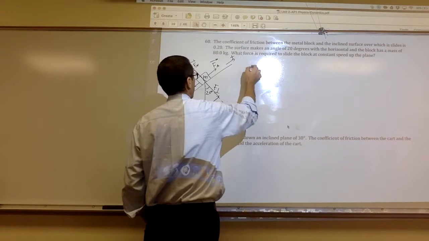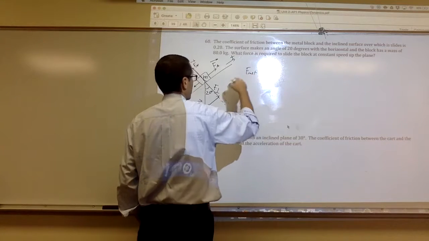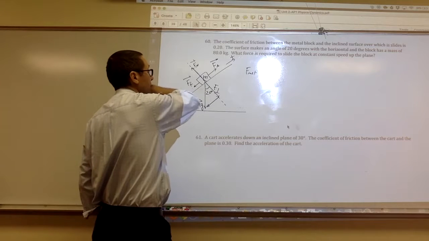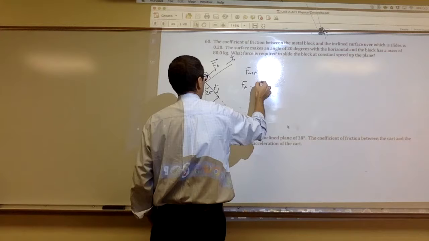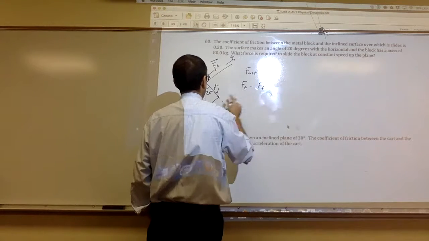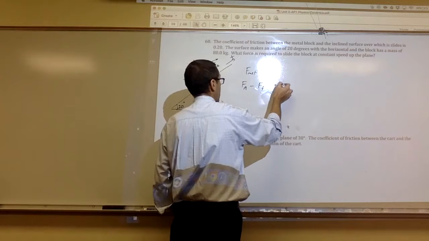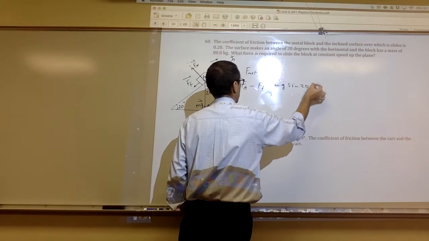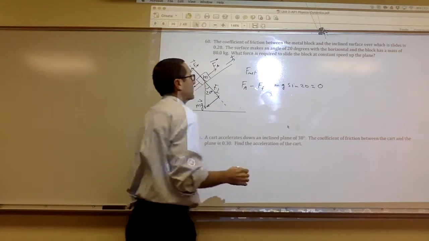So I'm going to write my Fnet equals ma, or the sum of the forces up the ramp and down the ramp equals ma. So it's going to be Fa minus force of friction minus this component of the weight, which is mg sine of 20 degrees, equals ma. Well, the acceleration is 0.